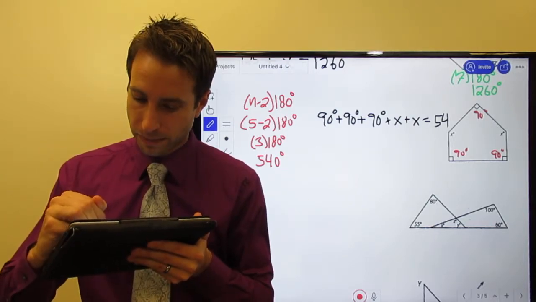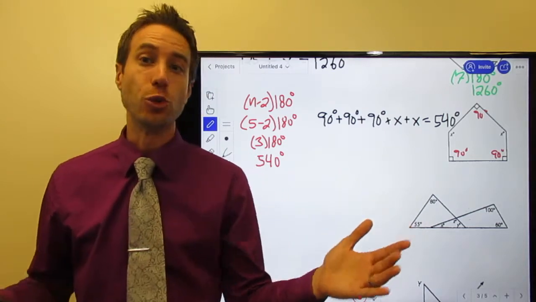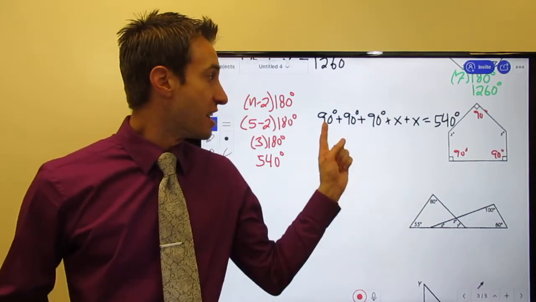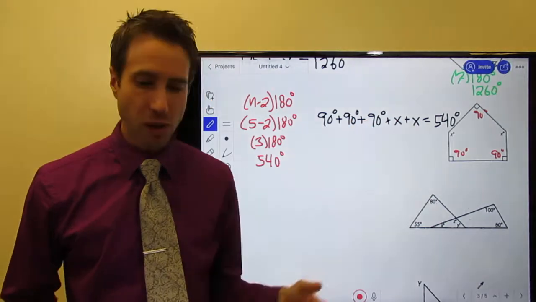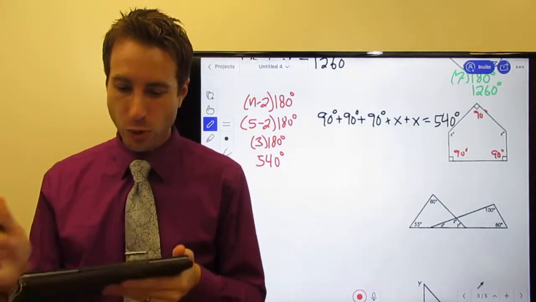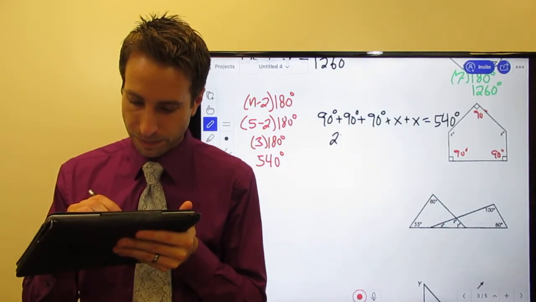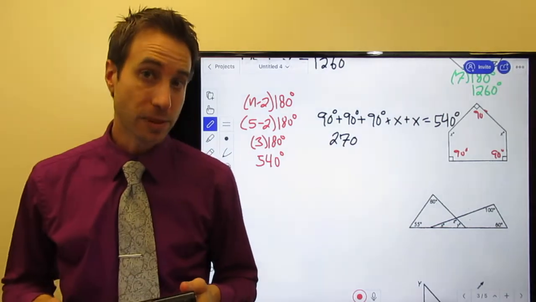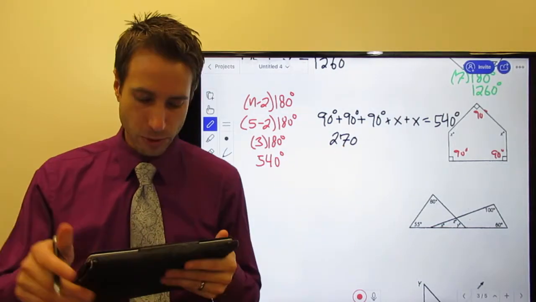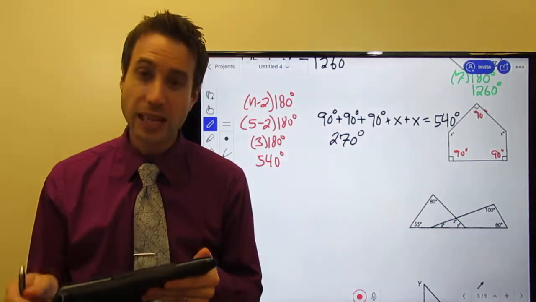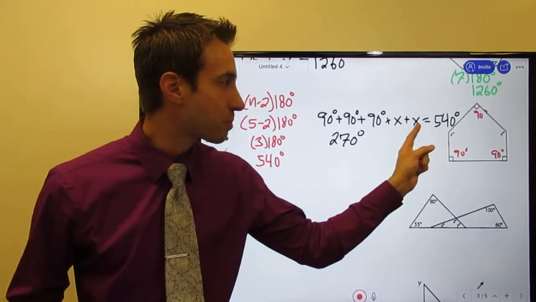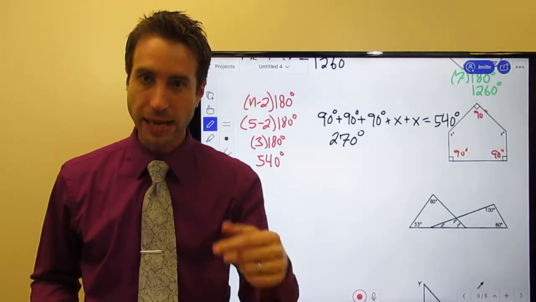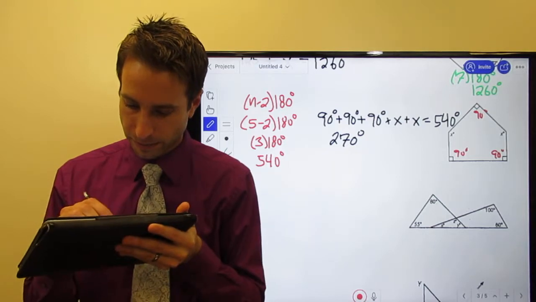Has to be. Do a little bit of algebra. 90 plus 90 plus 90, I get 270. Oh, sorry, let me put 270 degrees. And then, real simple, right? What is x plus x? X plus x, 2x.